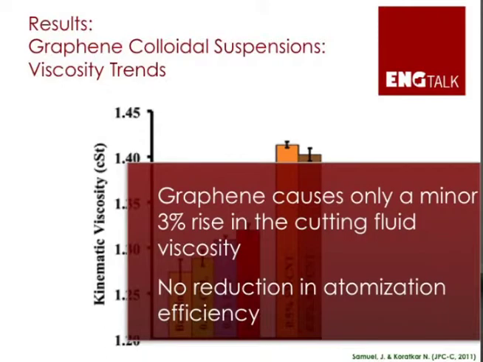In fact, we see only a 3% increase in the overall viscosity of the cutting fluid, and this is significantly lower than the viscosity increase that we see with both single-walled and multi-walled carbon nanotubes. So what this is telling us is we will be able to deliver this cutting fluid through the atomization system without any loss in the atomization efficiency, which is exactly what we were hoping to do at the onset.